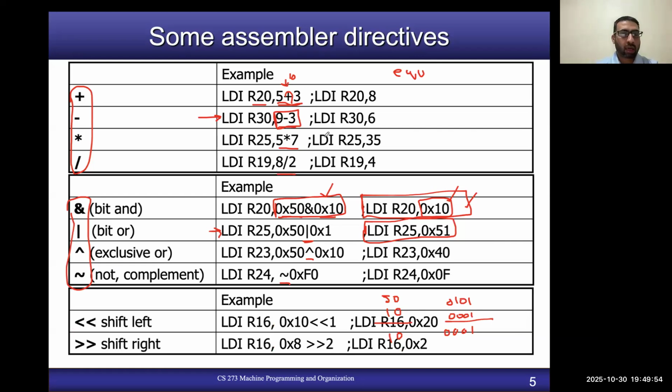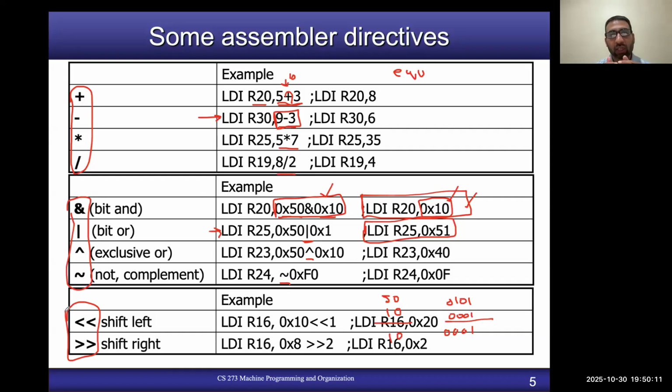Okay, and there are also other directives which are shift operation directives, which you can also use wherever you are allowed to put an immediate number. And again, in an expression, you can combine all of them.